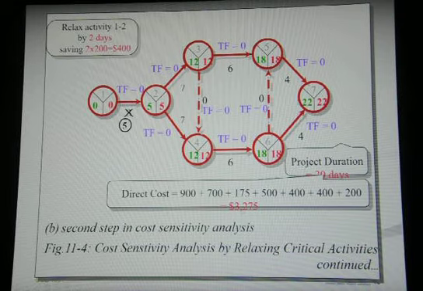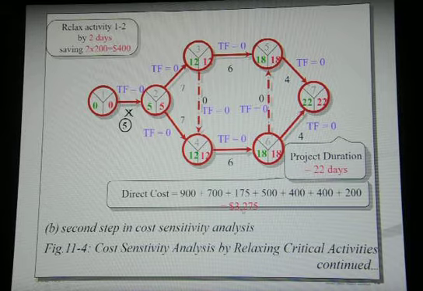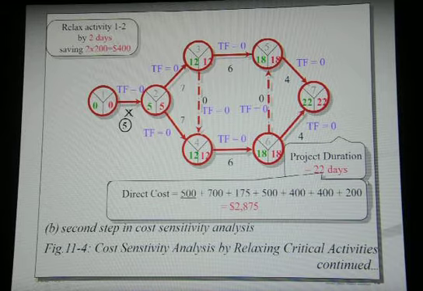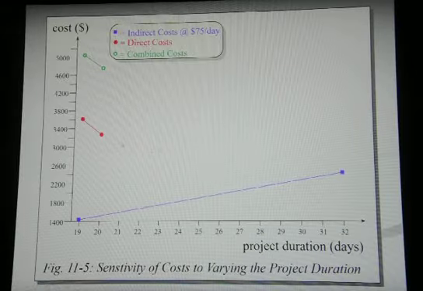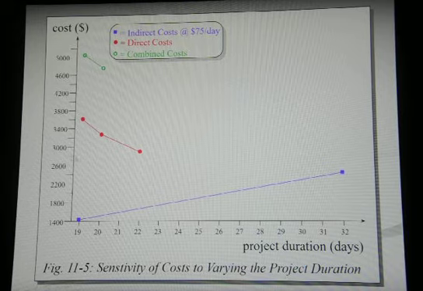It will be 3,275 minus $400, so that's 2,875, and we are going to plot that here. This is the 21, and 2,875 is under the 3,000. We add it to this value here, we get this value there.